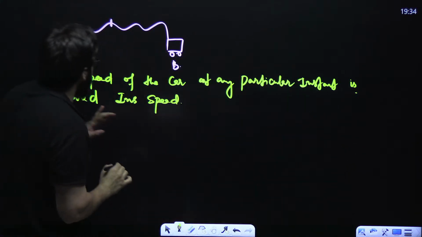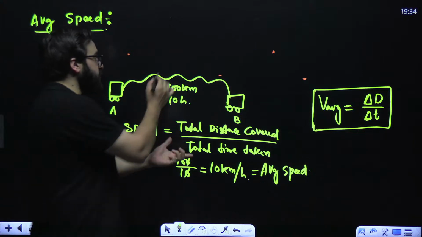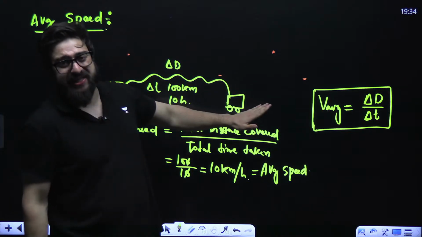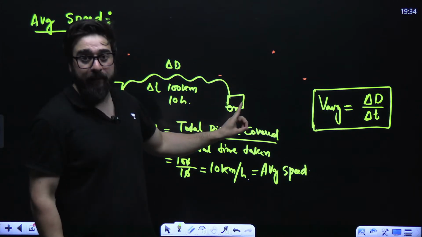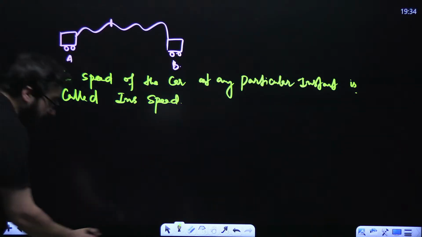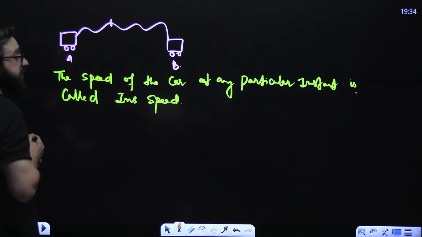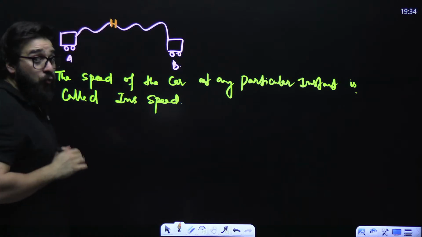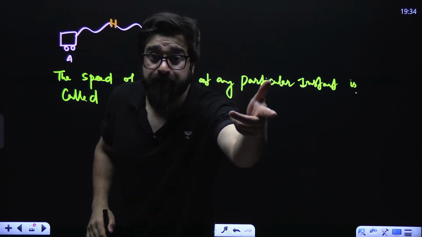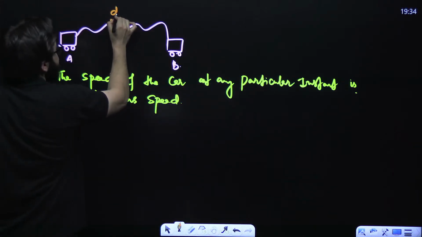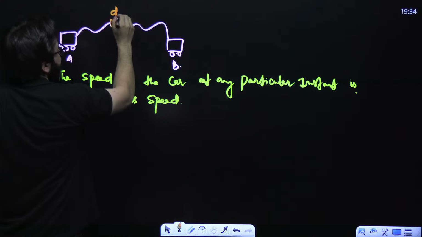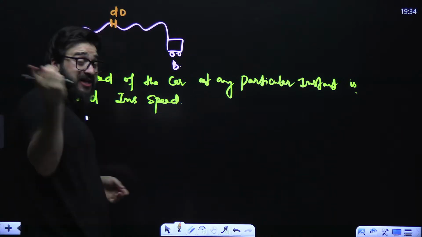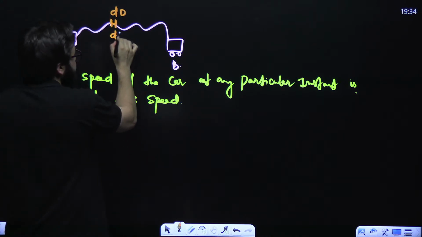And guys, see. In the case of average speed, you took the total distance as delta D and total time as delta T. So delta D is a bigger distance and delta T is a bigger time. For instantaneous speed, you take the distance covered in this instant. Will that be small or large? That is very small, so we say dD, small distance, covered in very small time, dT.